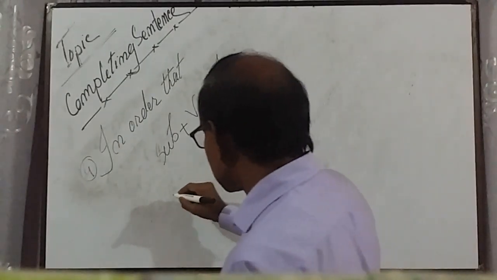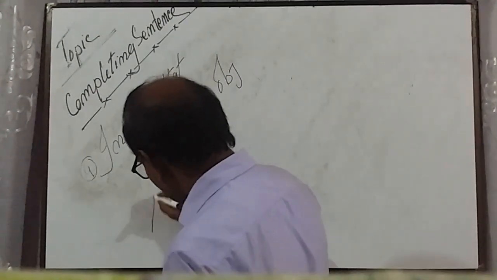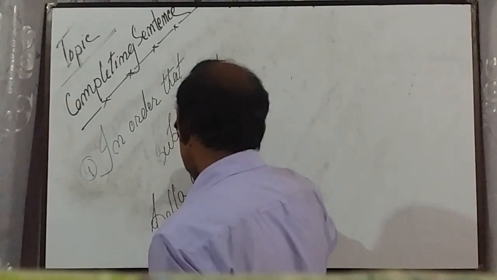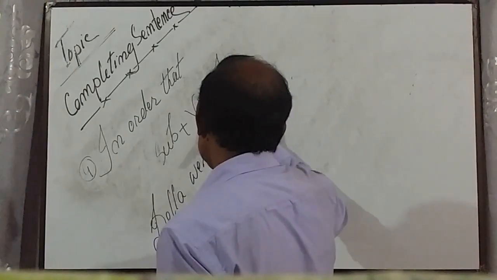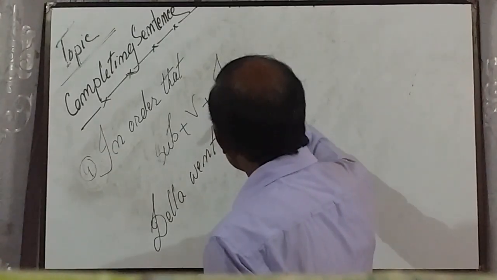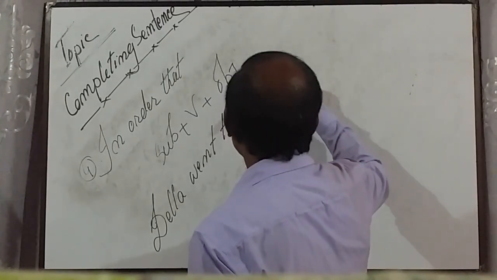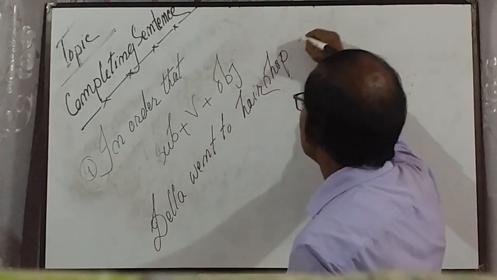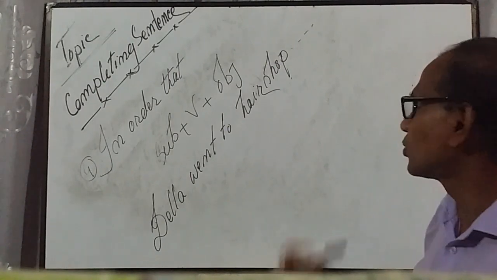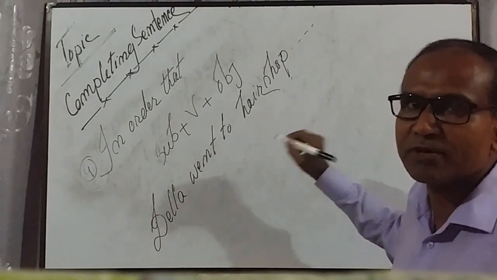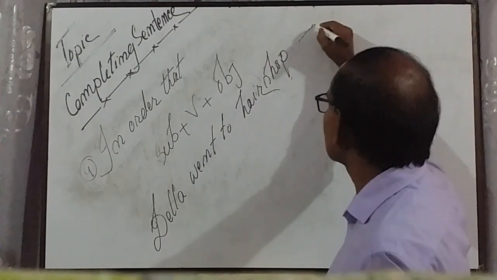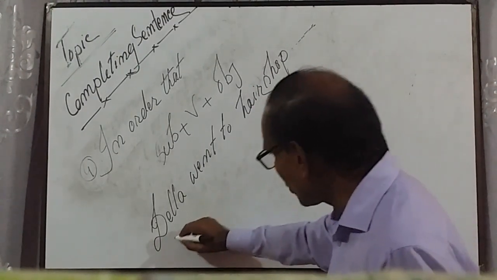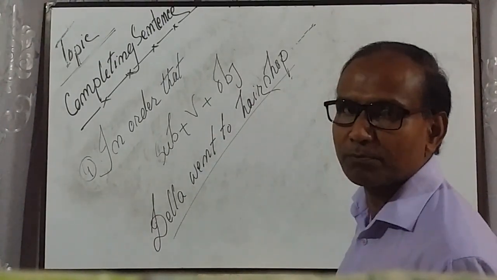So, maybe it is given: Bella went to hair shop, then gap. What are you supposed to do in this case? You have to write another clause keeping consistency with Bella went to hair shop.